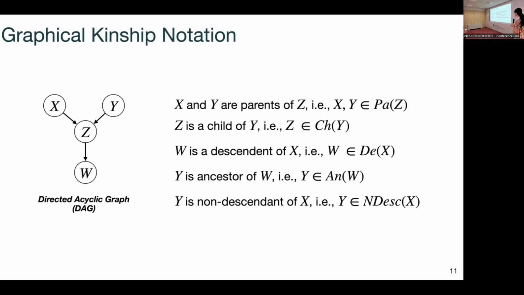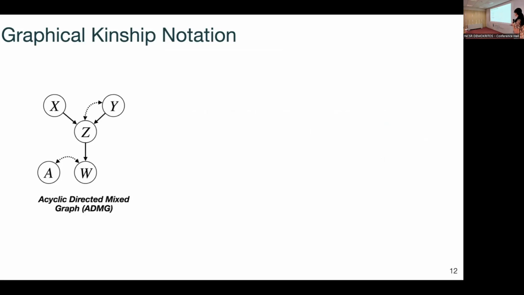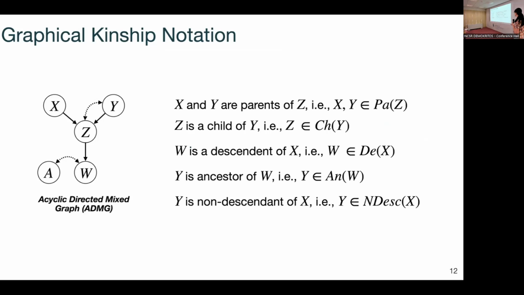So Y is an ancestor of W because there is a directed path connecting Y to W, but Y is not an ancestor of X because there's no directed path. Using this notation for an acyclic directed mixed graph, where we have these bidirected edges, everything is the same, but we can now have these associations, and we call them spouses, but that's just a name.